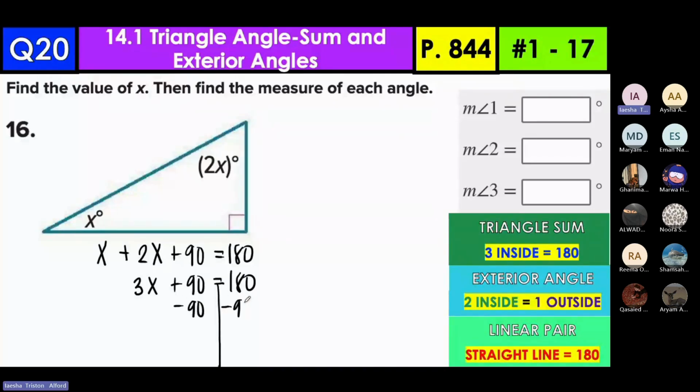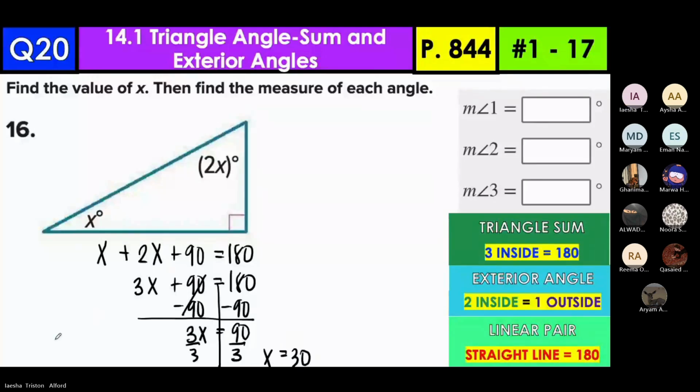Subtract 90 both sides. 3x is equal to 90. Divide 3, divide 3. x is equal to 30.